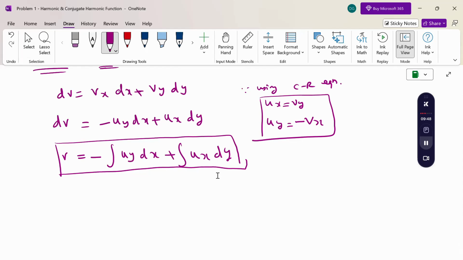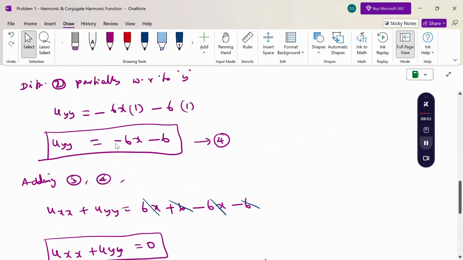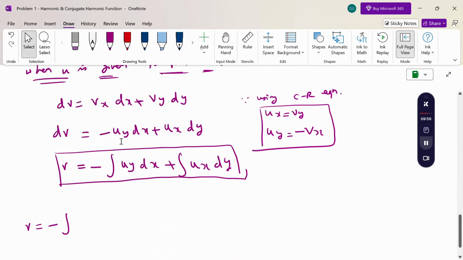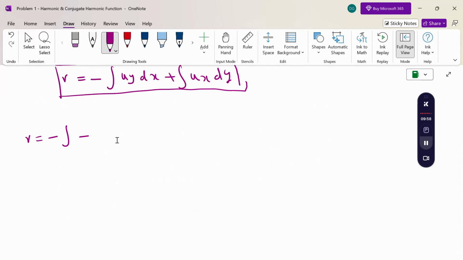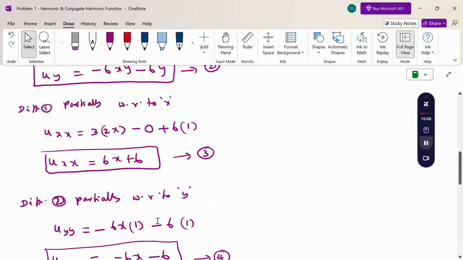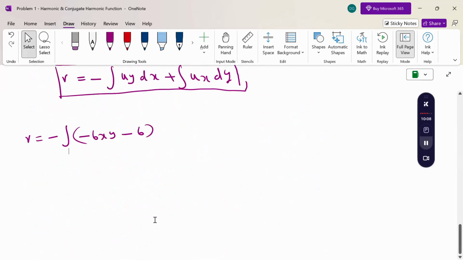Here v equals minus integral of uy. What is uy? From equation 2, it is minus 6xy minus 6y. So this is uy, into dx, plus integration of ux.